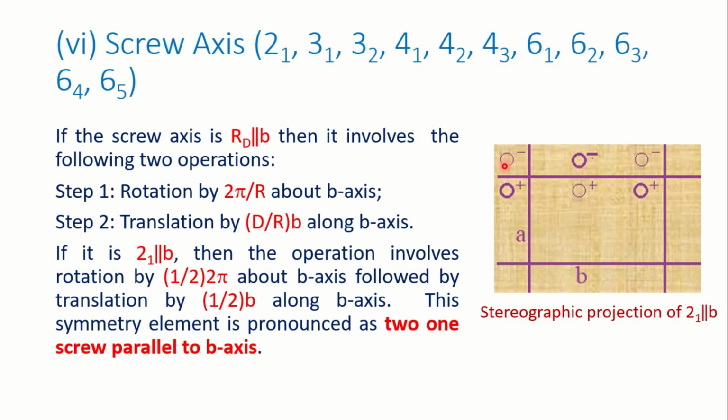And if there would have been some lattice point here, then this one would have been repeated here and this one would have been repeated here. So this point being repeated here, this point being repeated here. O plus becomes O minus here, and O minus becomes O plus here. Similarly, this O minus becomes O plus here, and this O plus becomes O minus here. So this is about 2_1 screw parallel to B.